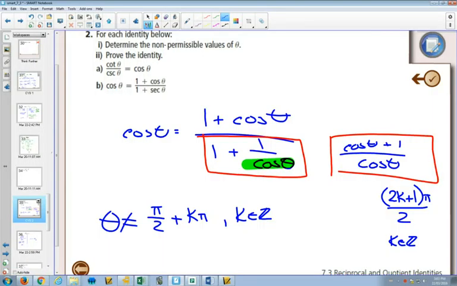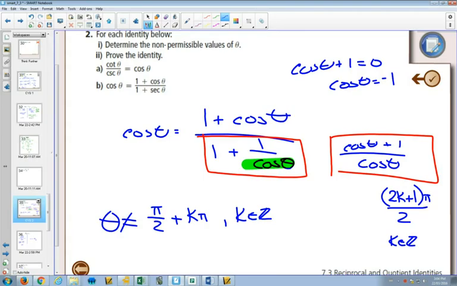What has to happen for a fraction to equal 0? The top has to be equal to 0. Is it possible for cos theta plus 1 to equal 0? In other words, is it possible that cos theta equals negative 1? Does that ever happen on your pi plate? Yes. When? At pi. When else? At 3 pi.